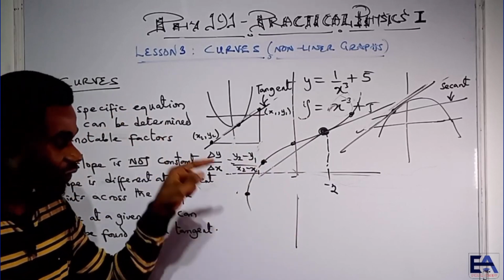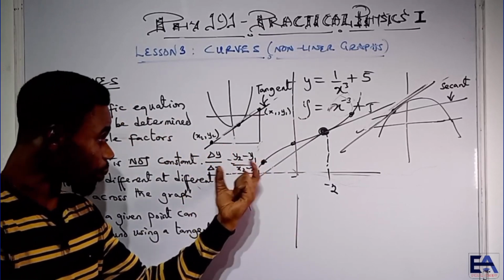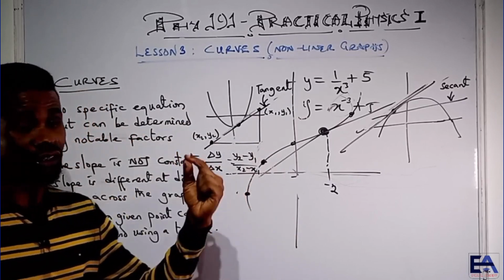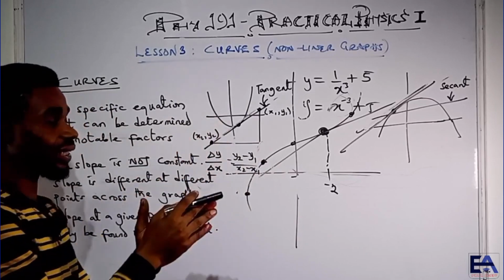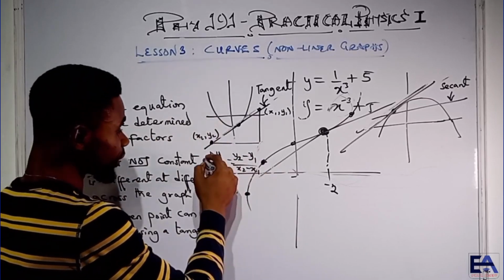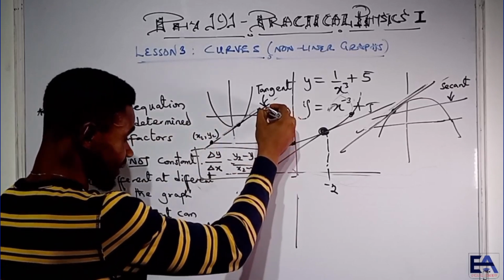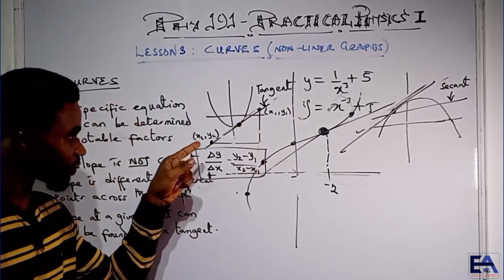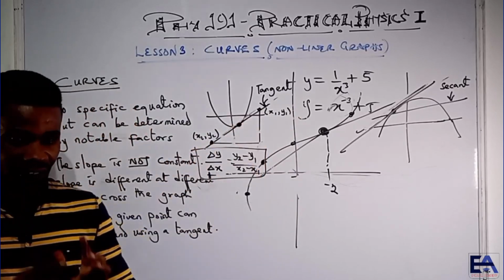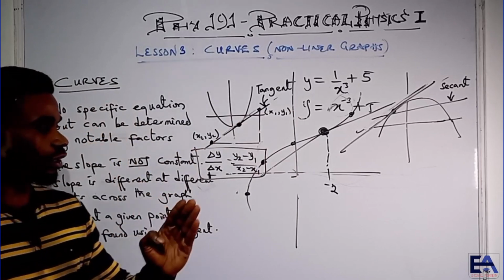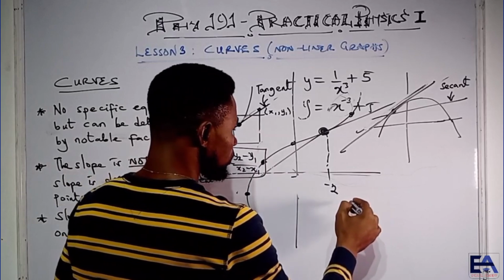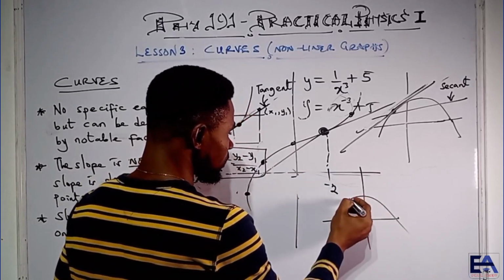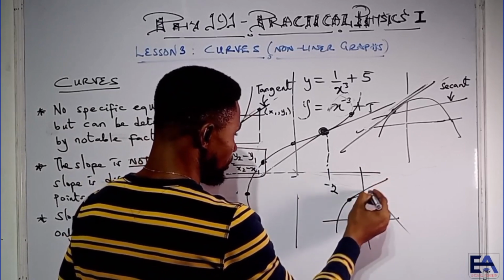Any result you get for the slope of the tangent automatically gives you the result for the slope of the graph at that specified point. Let me repeat. Given a curve, the question may ask you to find the slope of the graph at a specific point.